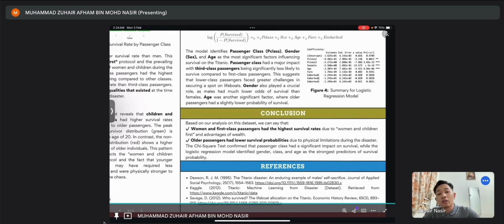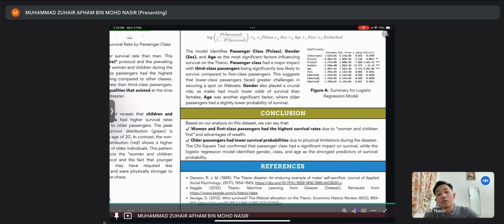Also, older passengers had lower survival chances, likely due to physical limitations compared to youngsters during the disaster.